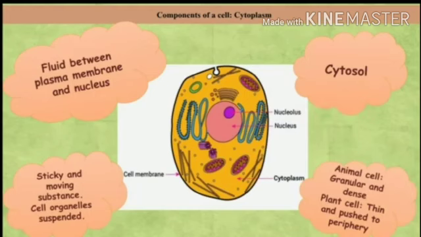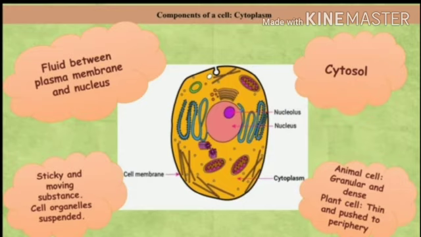Now the next type is cytoplasm. Now cytoplasm is the fluid between the plasma membrane and the nucleus. It is a moving, sticky substance. Many cell organelles are suspended in cytoplasm. Cytoplasm is the medium for cellular chemical reactions. The part of the cytoplasm other than organelles is the cytosol.